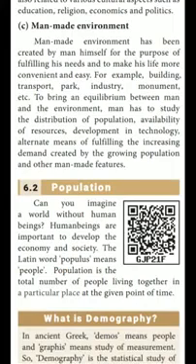For example, building, transport, park, industry, monument, etc. To bring an equilibrium between man and environment, man has to study the distribution of population, availability of resources, development in technology, alternate means of fulfilling the increasing demand created by the growing population, other man-made features. So, did you understand? So, what are the classification of environment? They are the natural environment, human environment and man-made environment. Did you understand? Okay.